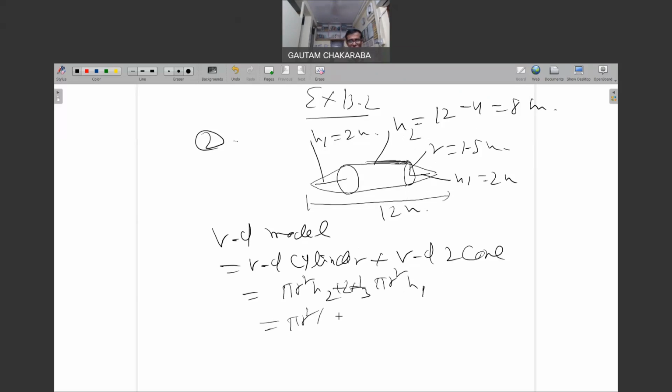Now pi r square common, h2 plus 2 by 3 h1. Now put the value: 22 by 7, r is 1.5 square, h2 is 8 and 2 by 3 of h1, h1 is 2. Okay, now do the calculation. Now I move to the next question.